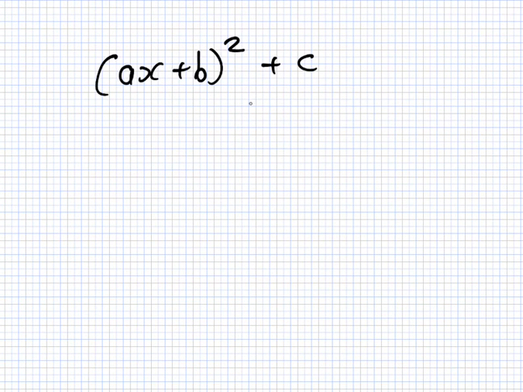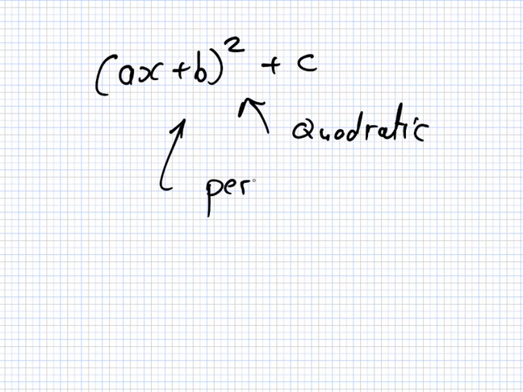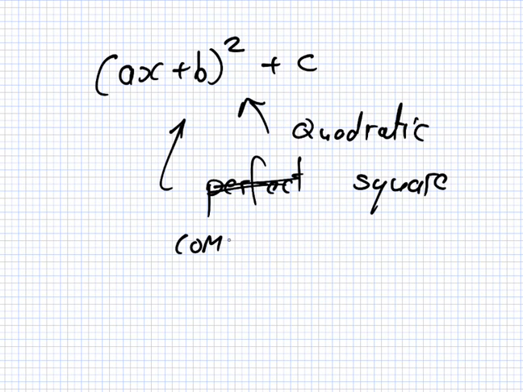So this is called a quadratic, but this type of quadratic is a special type when you write it like this. This is called a perfect square, or a completed square maybe, I should really say. Completed square.